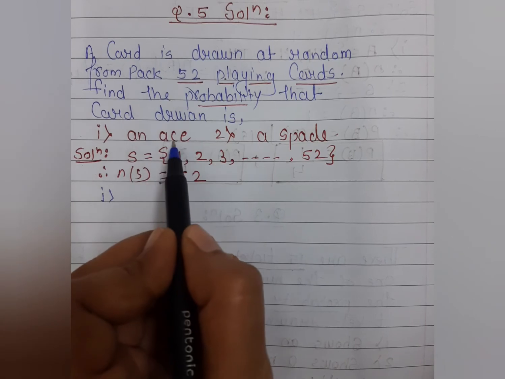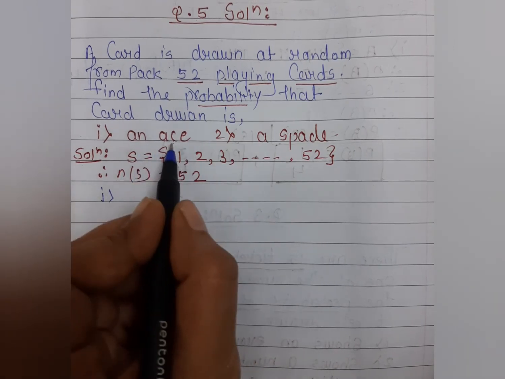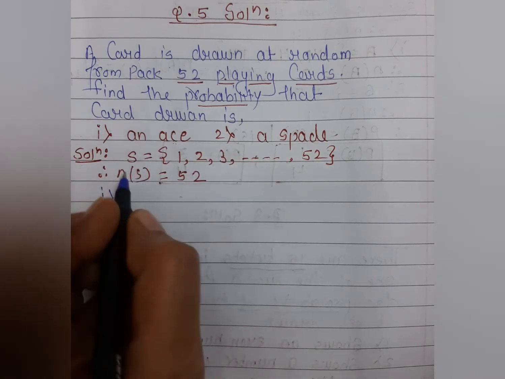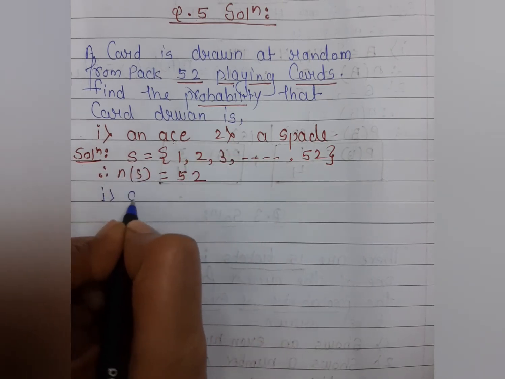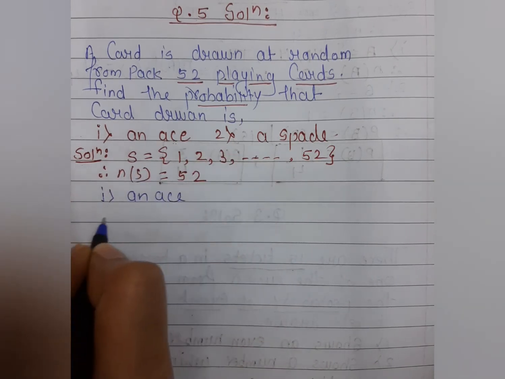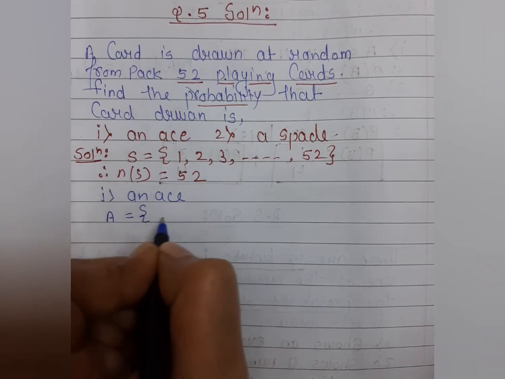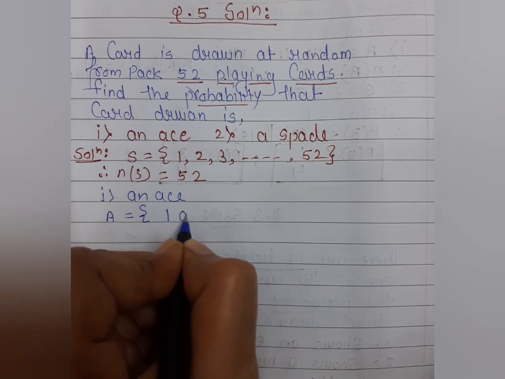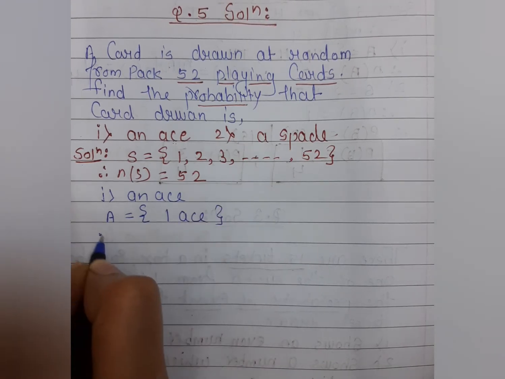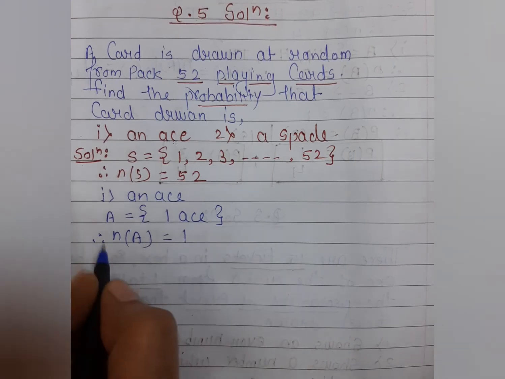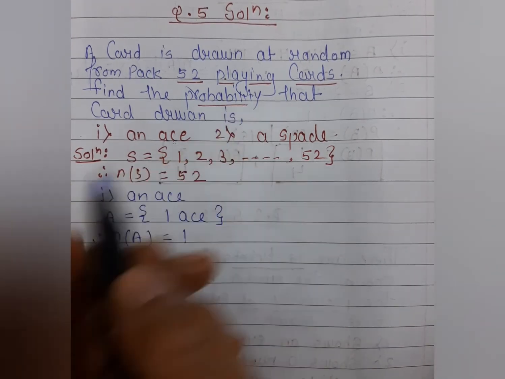find the probability of an ace. As you know very well, student, the ace is nothing but a representation of the number 1. So here for the condition of an ace, we can consider the event name, let A. So the ace condition is 1 because ace represents the number 1. So here we have N of A, the possible outcomes, is 1, and we have to find the probability.